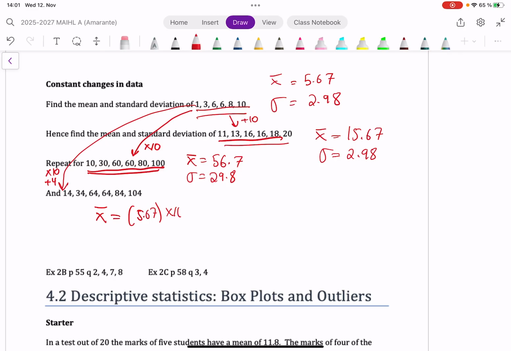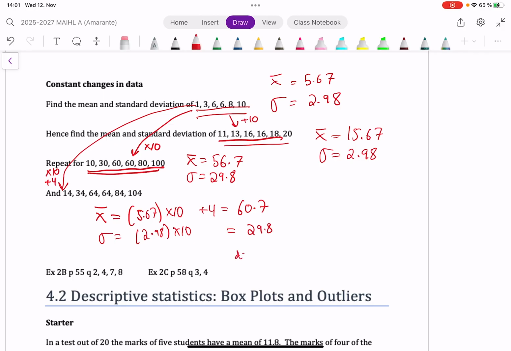So I will multiply this by 10 and then add 4 to it to find the new mean, which is 60.7. But we said standard deviation is only affected by multiplication. So 2.98 times 10, but not plus 4. That plus 4 doesn't change the spread of the data, it just changes where it is. And so this is 29.8.